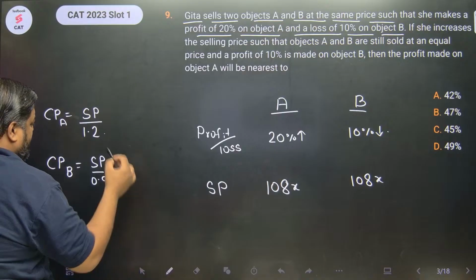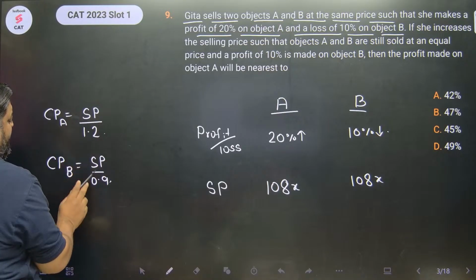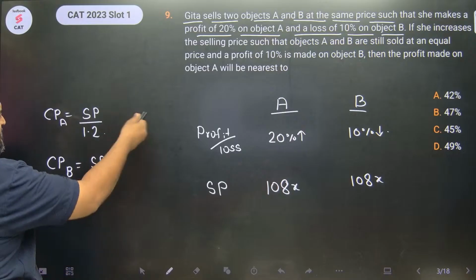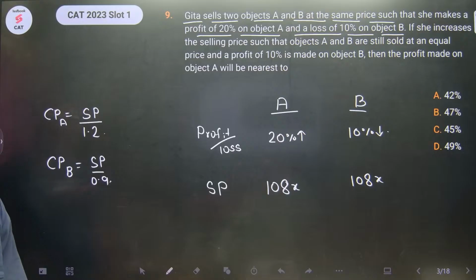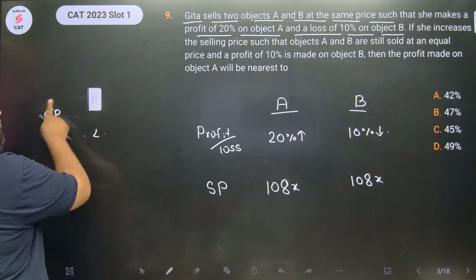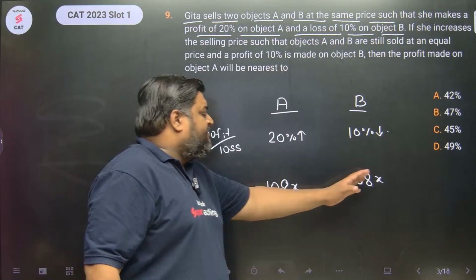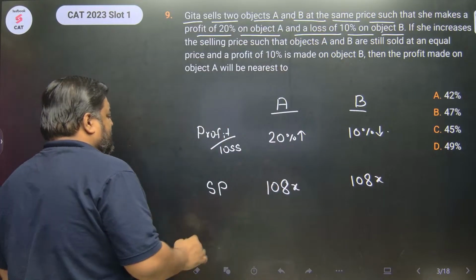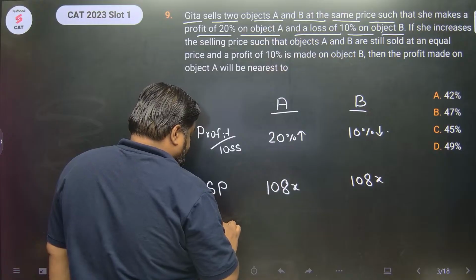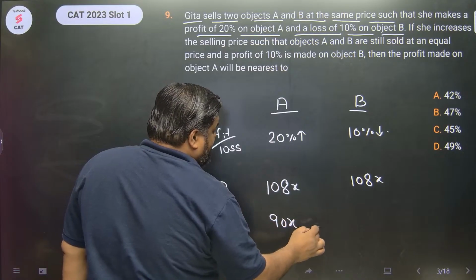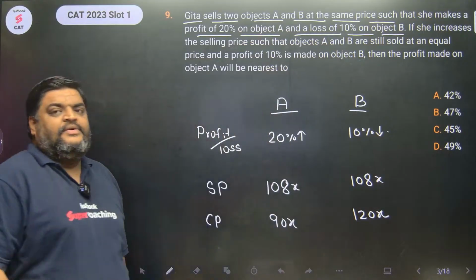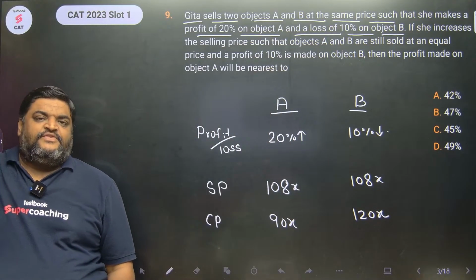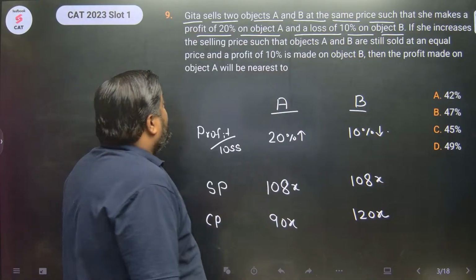So why not assume a selling price which is divisible by both 12 and 9? 36 is the LCM of 12 and 9, but let's go with 108. Anything which is a multiple of both 12 and 9 will reduce my pain. So we have assumed the selling price to be 108x. Based on this, the cost prices would be 90x and 120x.